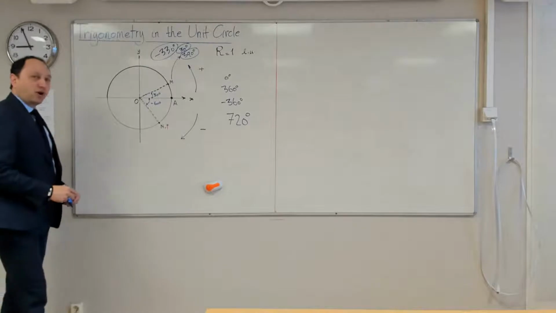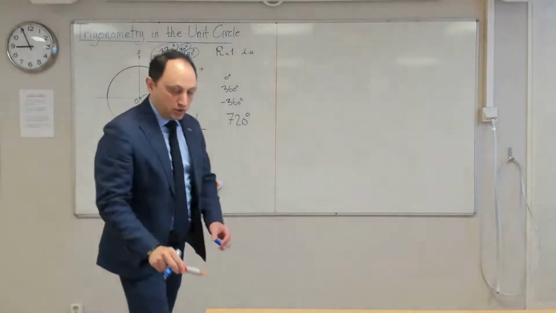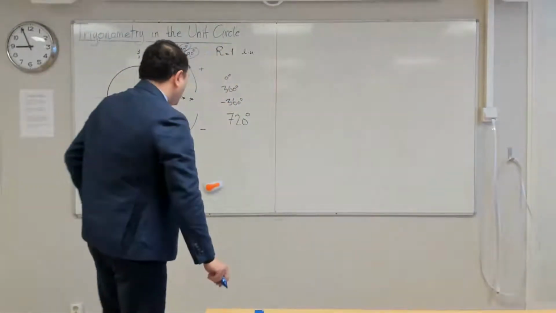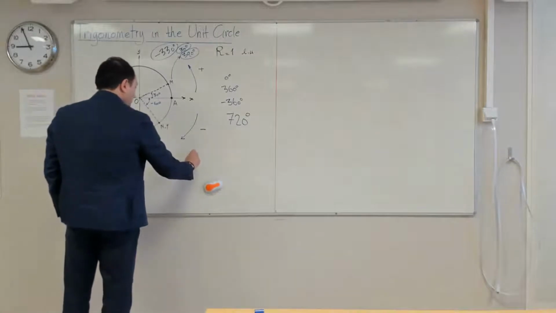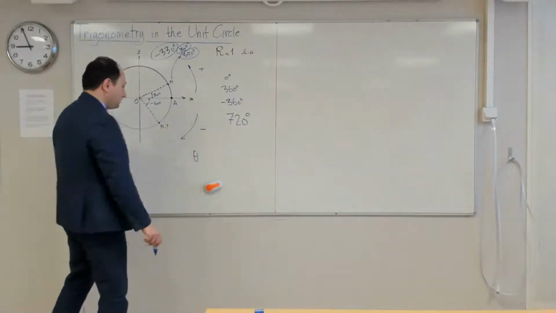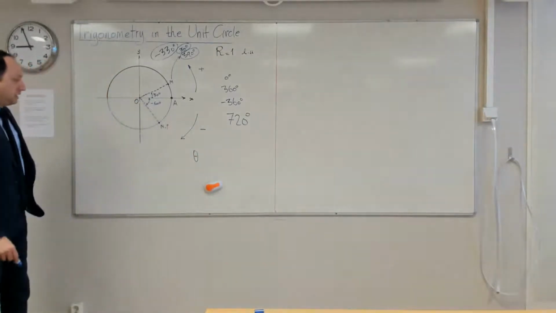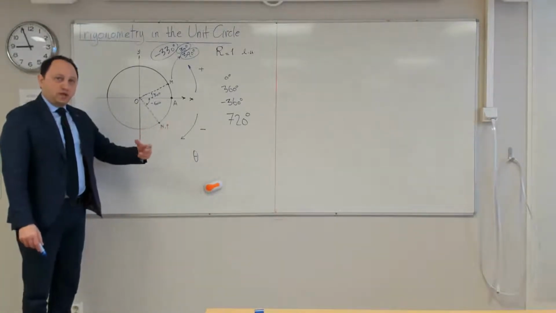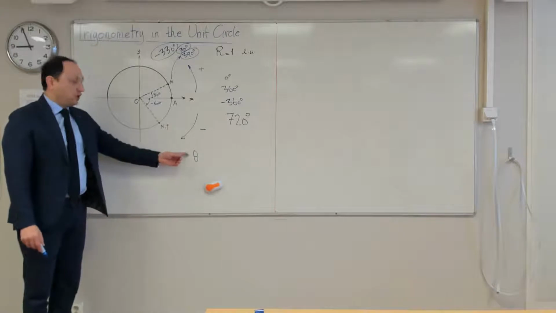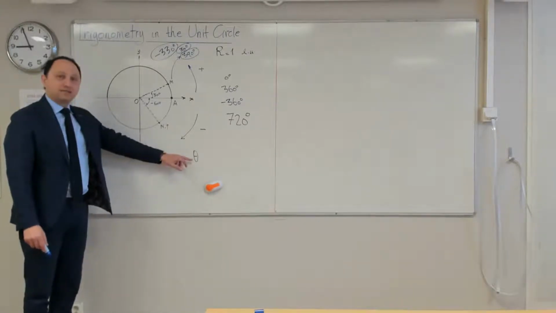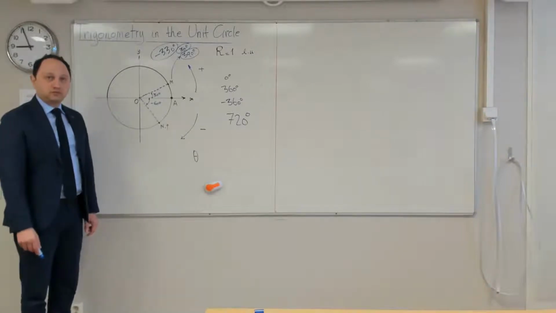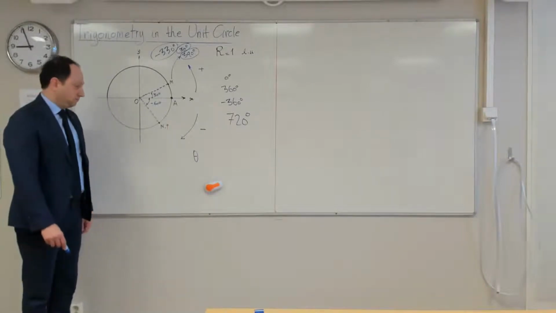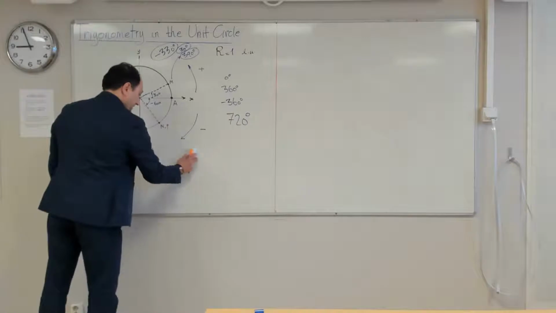Can you cook up a recipe? Can you tell me, if I give you an angle theta, can you give me a formula which generates all angles that correspond to the same final point as theta? Is the question clear?